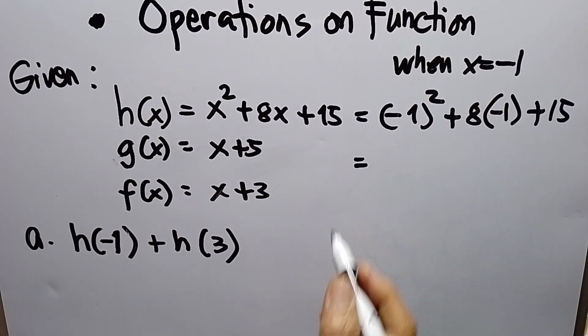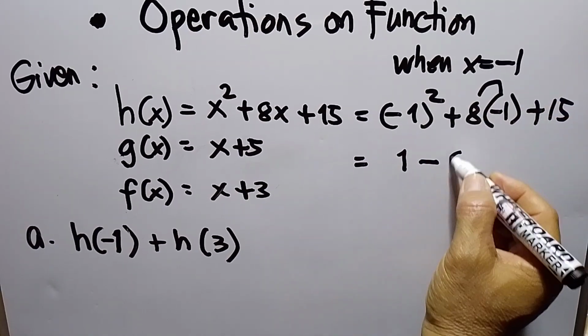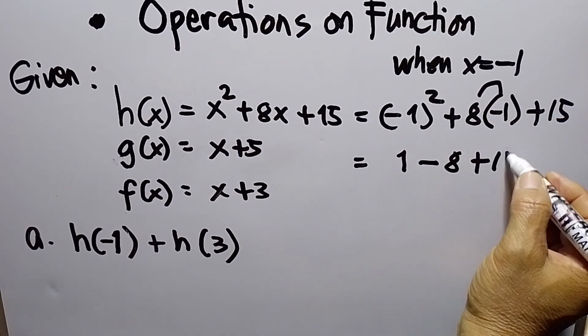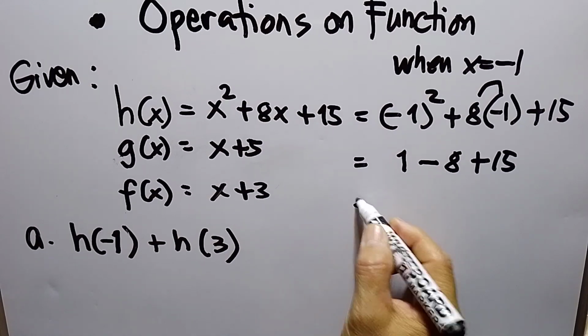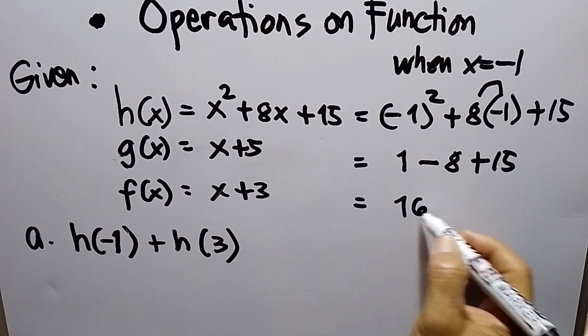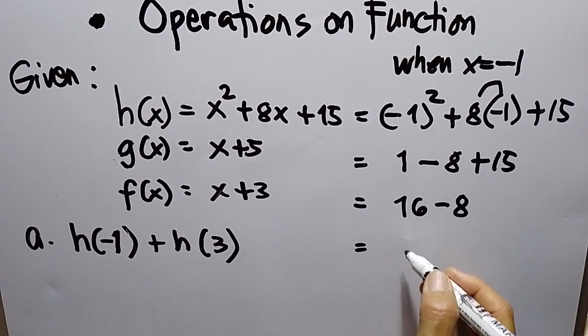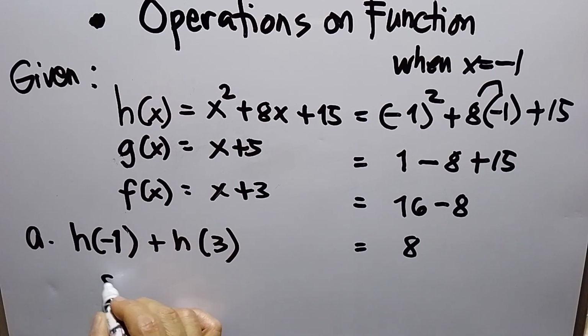Negative 1 squared is positive 1, and then this will be negative 8, then plus 15. I need to combine 1 and 15 because they are positive, so this will be 16. Then minus 8, so 16 minus 8 is 8. Therefore this is 8.